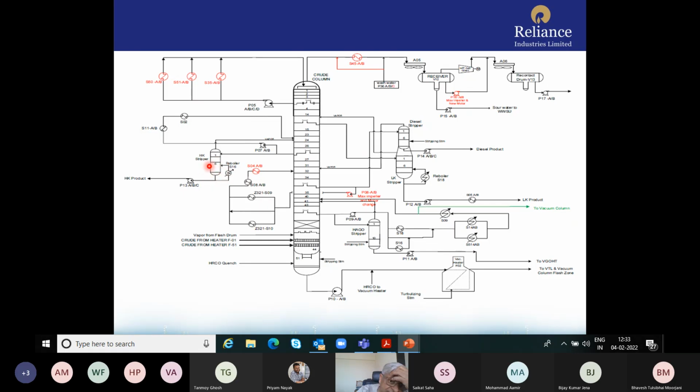There is no open steam stripping here. And then the overhead. Actually, you have a crude being preheated by the overhead vapor, and then a fin fan cooler, and then of course a receiver. In this case, the non-condensables are compressed, and there's a further liquid being recovered here.